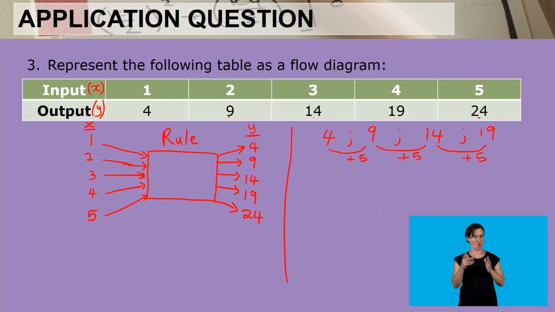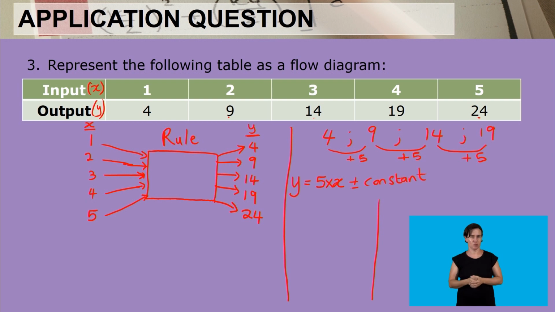Let's see how we are going to find this rule. Using our consecutive input values, for us to find the output value, we know that it is going to be our constant difference multiplied by the input value, and of course we are going to add or subtract a constant value.